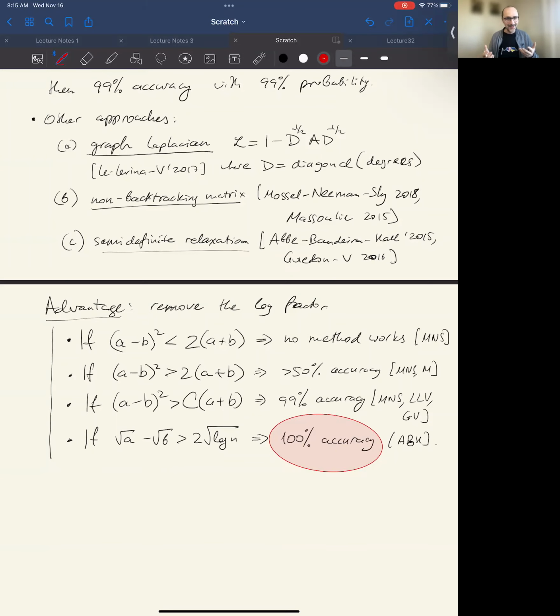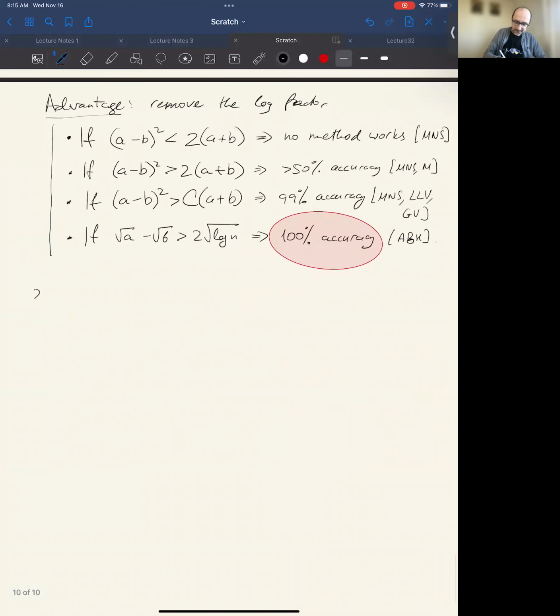Nowhere in this world can you achieve 100% accuracy on realistic data. There will always be outliers. And so that means that the model is simple, and we should be looking beyond the stochastic block model. We should be looking for more realistic models of the data.